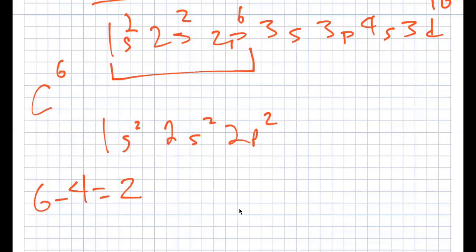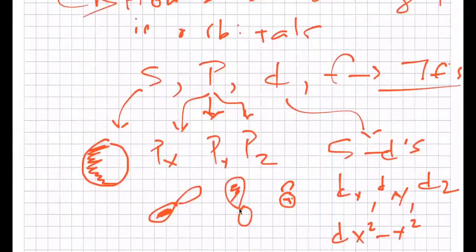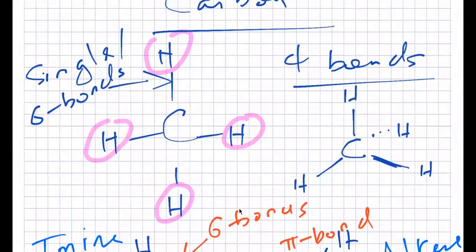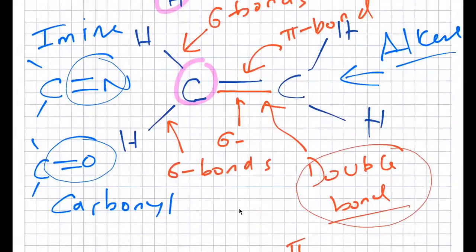So this is my electron configuration for carbon. Are y'all following that? What's the problem with that? Let's think about this now. Let's go back up here to our examples. How many bonds does that carbon have? 4. How many bonds does this carbon have that's highlighted in pink? 4.